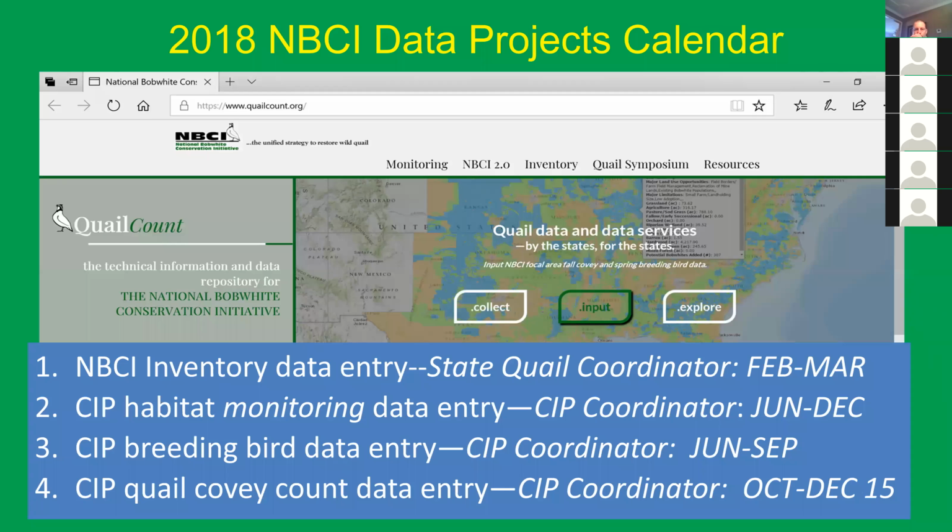SIP breeding bird data entry, which is entered by the SIP coordinator, takes place during June to September, and that database has been open since 2016, so we're going on 2 years of data entry. Similarly, the quail covey count data entry occurs after those data are collected, with a deadline of December 15th each year. So this gives you an idea of the annual markers for getting data entered.